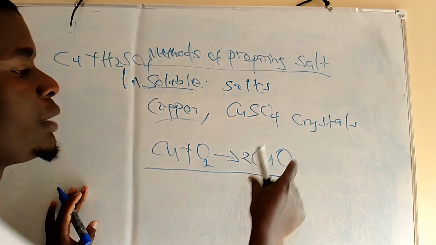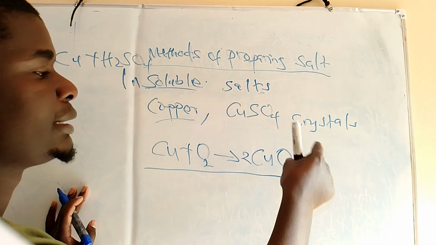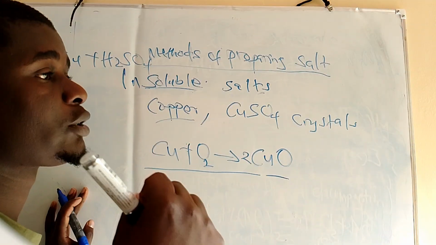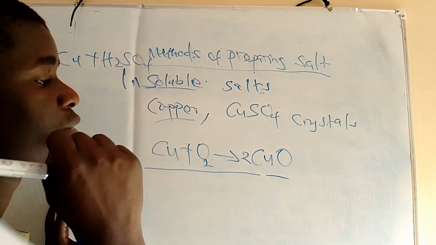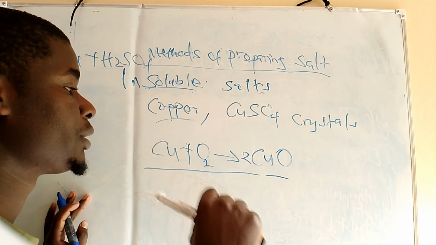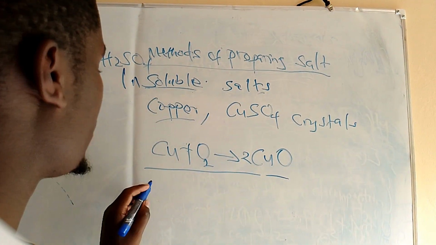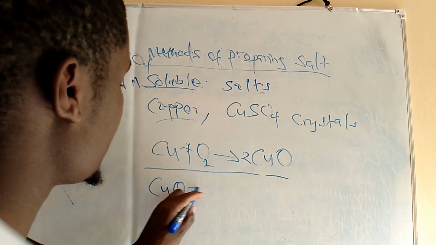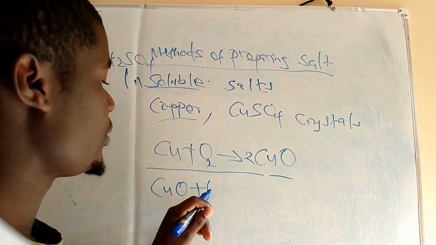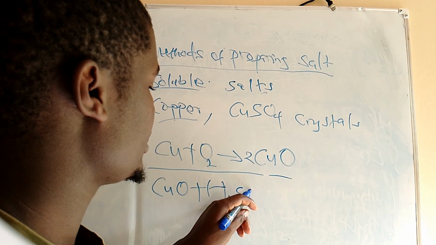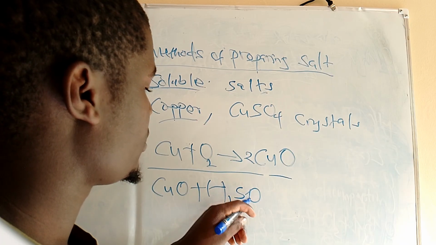From there, this is a base, but this base is insoluble. Remember an insoluble base and an acid will still give you a salt. So from this, we are going to react copper 2 oxide with dilute sulfuric acid, H2SO4.